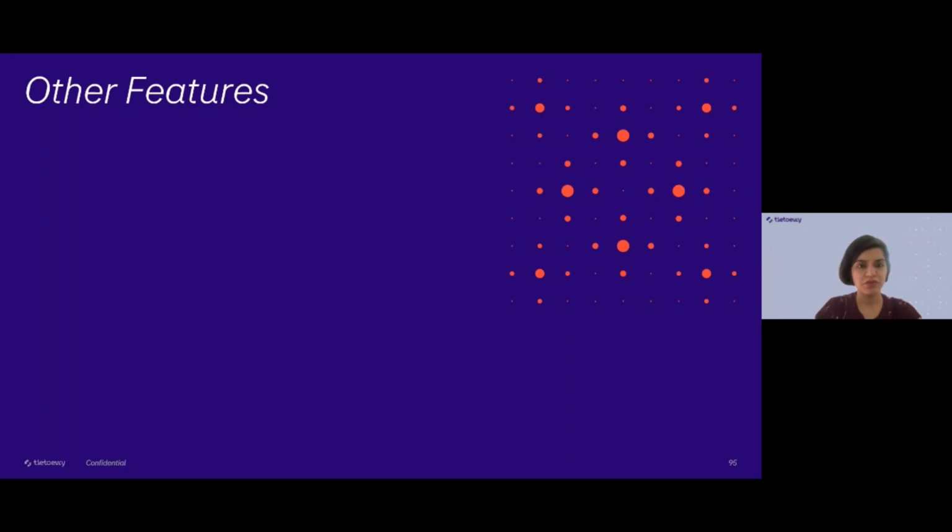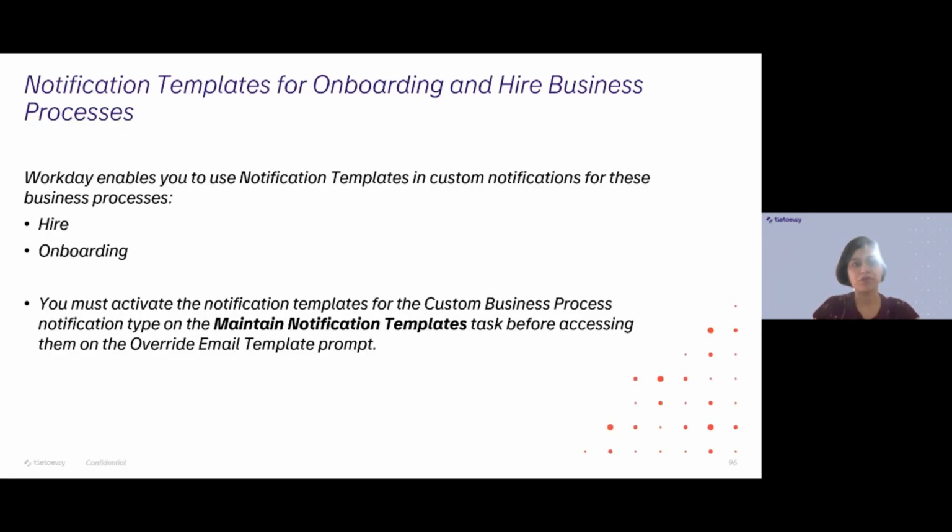Now, some of the other features we will take a look at, not in so much detail though. Workday now enables us to use notification templates on custom notifications for hire and onboarding business processes.